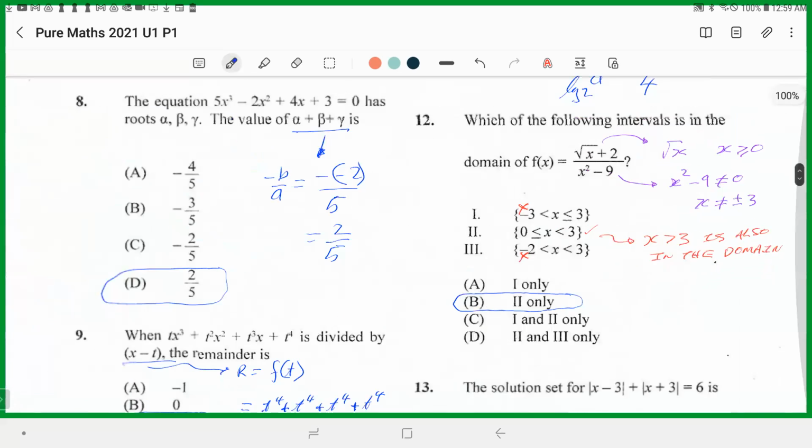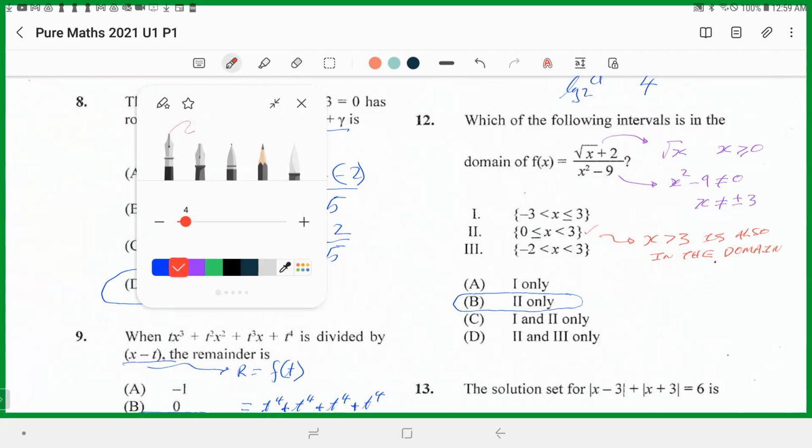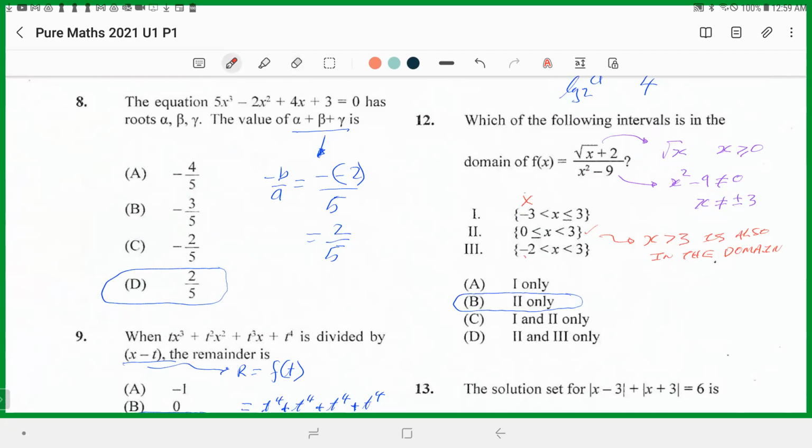Like these questions. Remove these so that they don't hide the information. So the negative 3 can be there and the negative 2 can be there, those negative values basically. Because it's greater than negative 3, it means that we also start at negative 2, which you can't have, right?